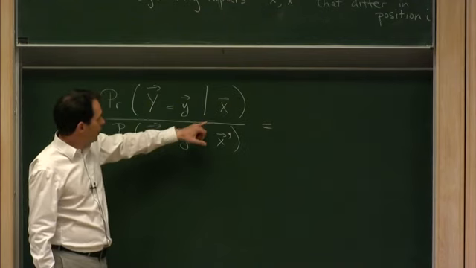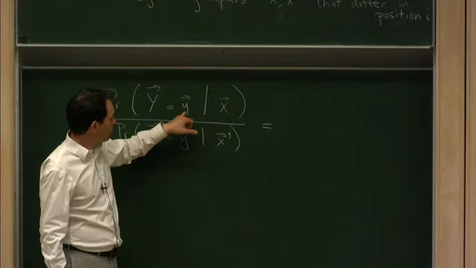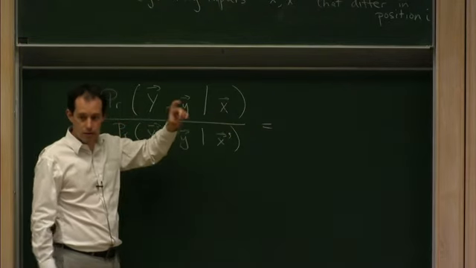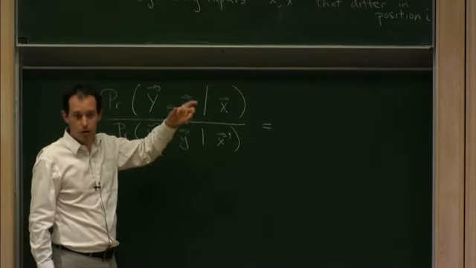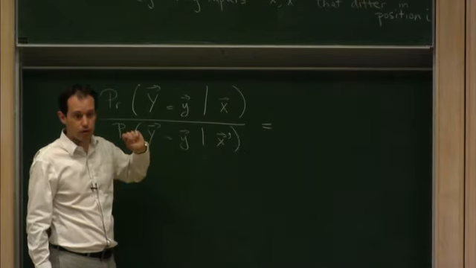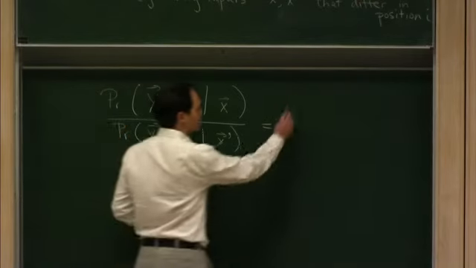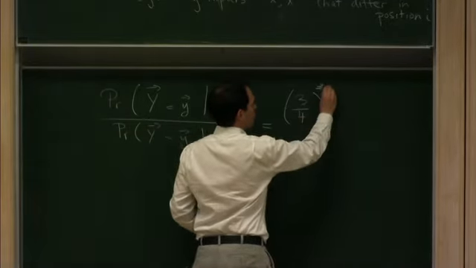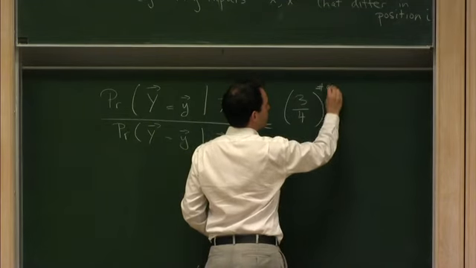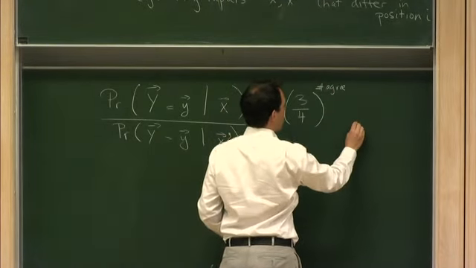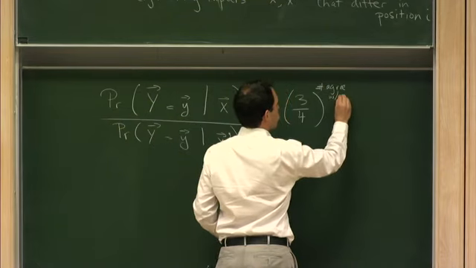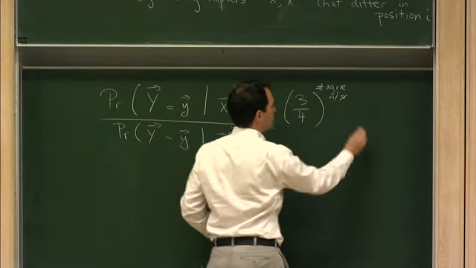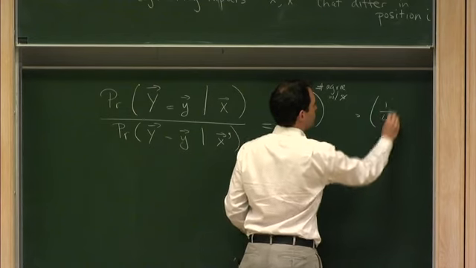Well, for every place where y agrees with x, that contributes a probability of 3/4. Every place they differ contributes a probability of 1/4. So it's 3/4 to the number of agreements with x, times 1/4 to the number of disagreements.